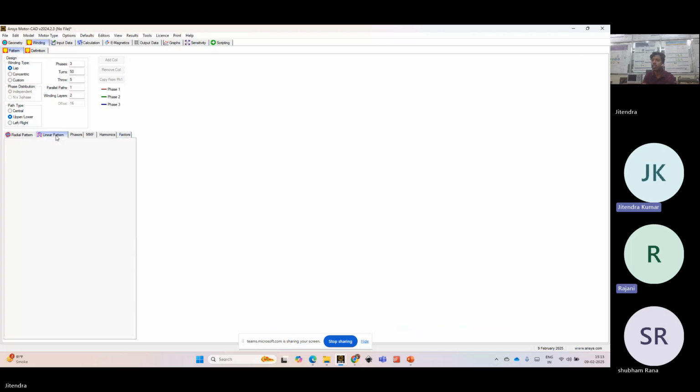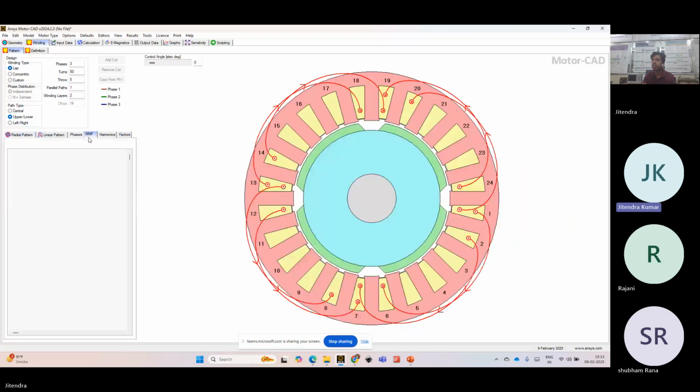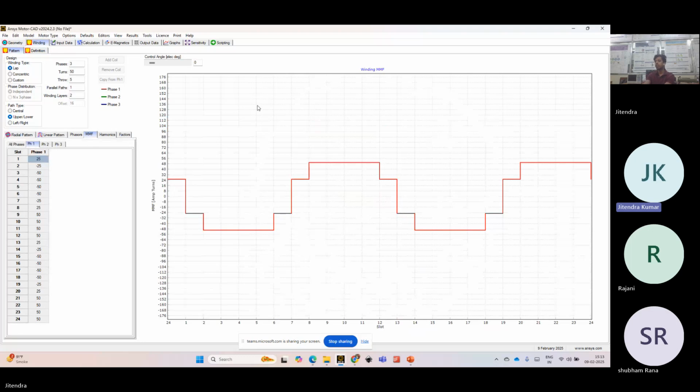Let me just show you a linear pattern here. You can see how the winding MMF is being distributed. You are placing your conductor for this phase in the 6th slot, then the 7th slot, then the 8th slot, and then you are coming back after distribution in one pole periphery to 12, 13, and 14.